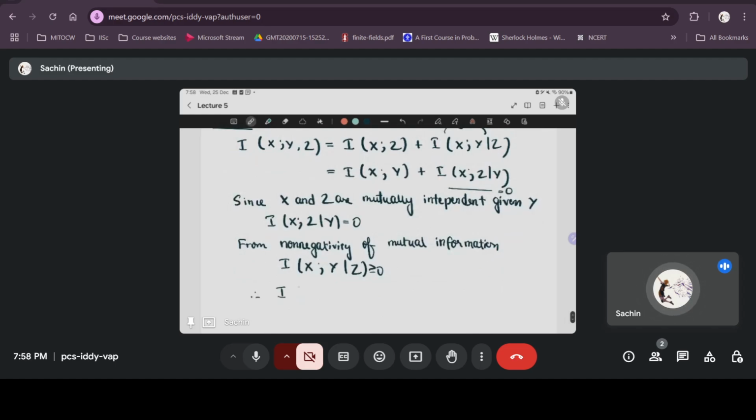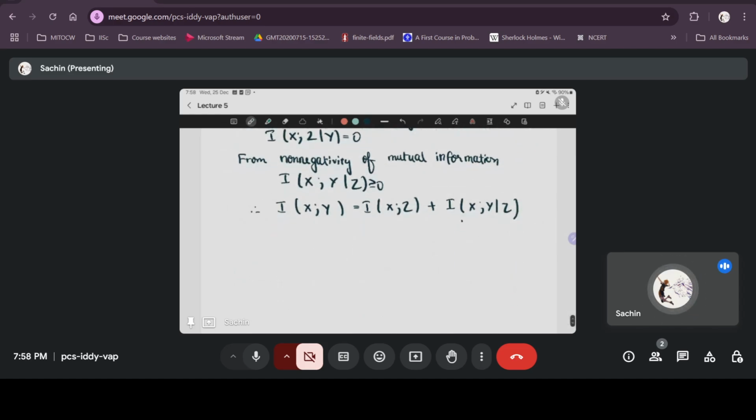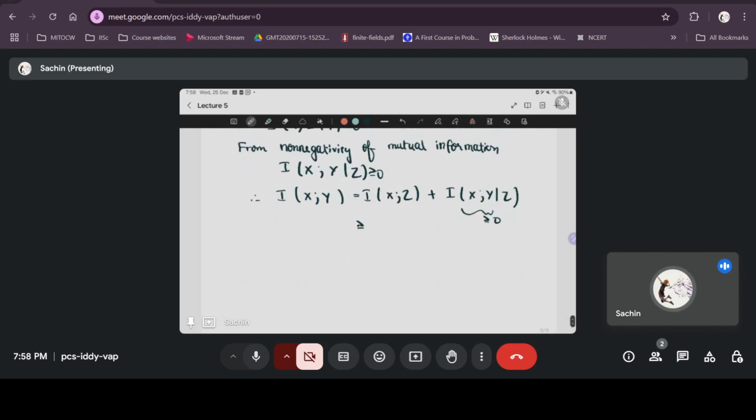Therefore, I of X;Y, which is equal to I of X;Z plus I of X;Y given Z. As this is a non-negative quantity, we can remove that and we can write I of X;Y is greater than or equal to I of X;Z.